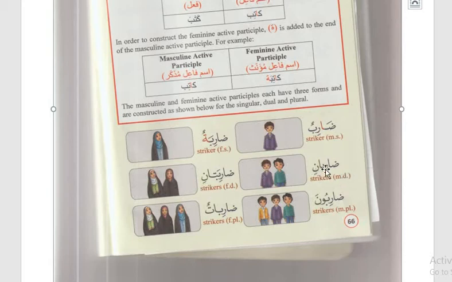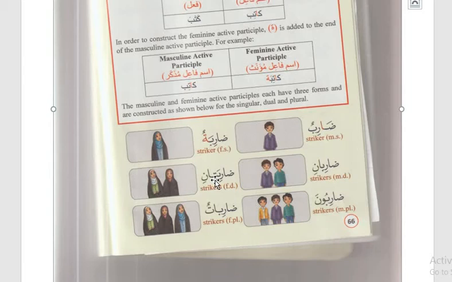Here we added alif and noon, and here also we will add alif and noon, but what is the difference? We add ta after the ba. Why do we add the ta?